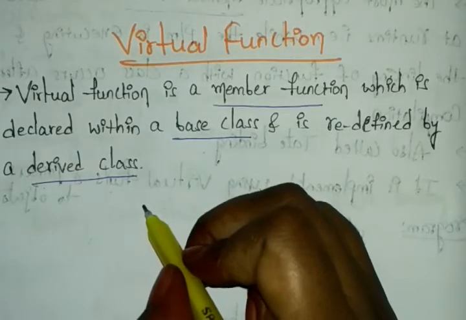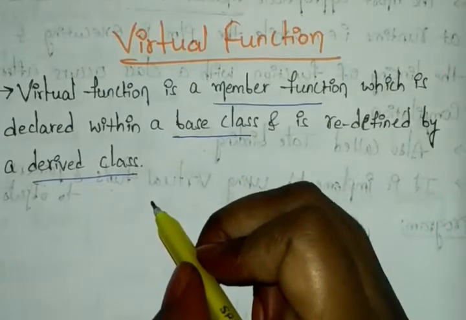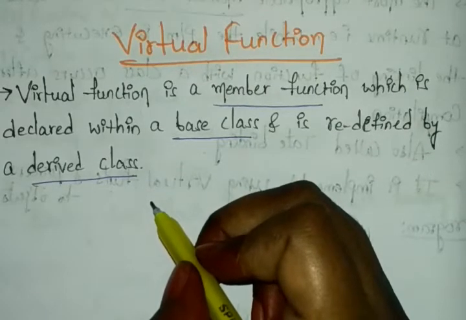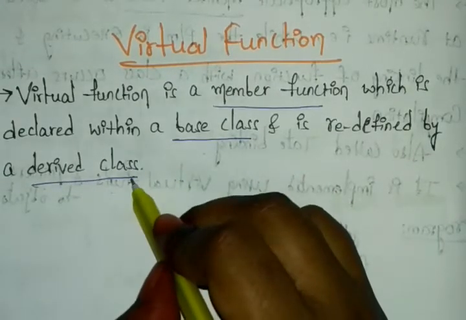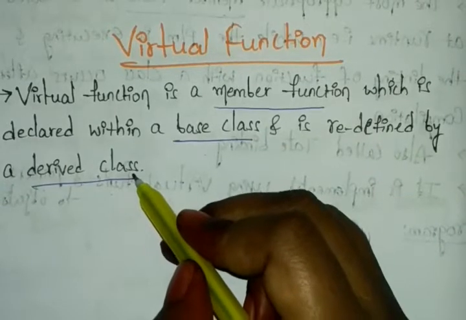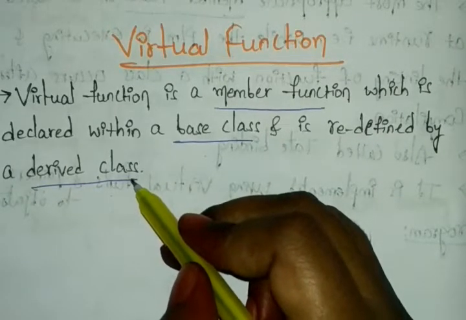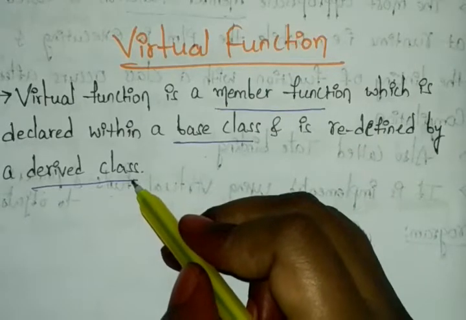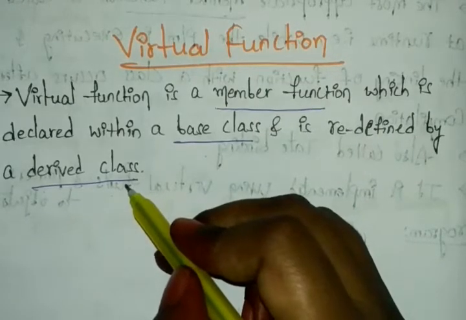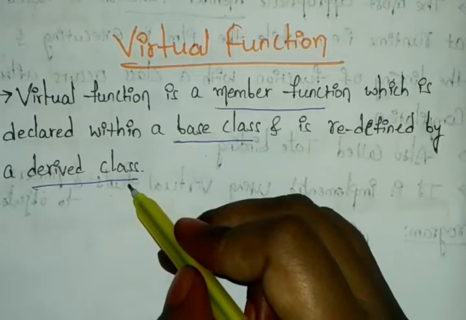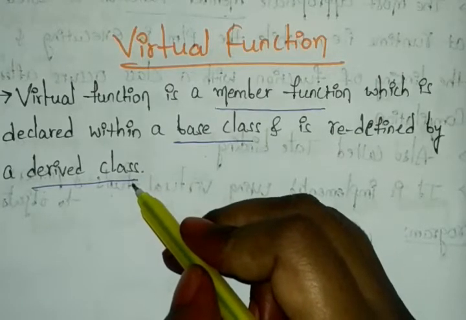Whenever you are referring to the derived class object, you can use a pointer or a reference to the base class, and you can call the virtual function on the object. After that you can execute the functions.